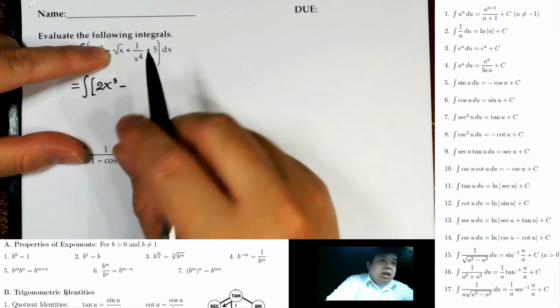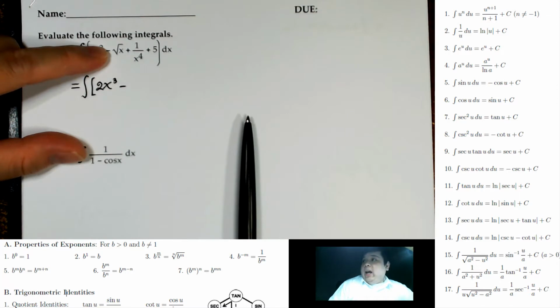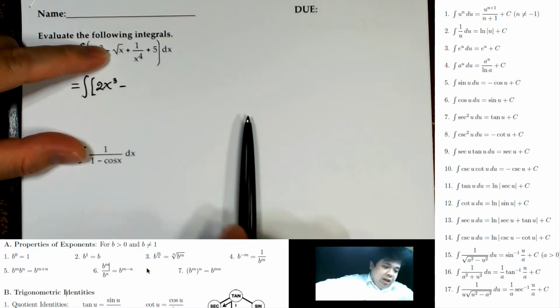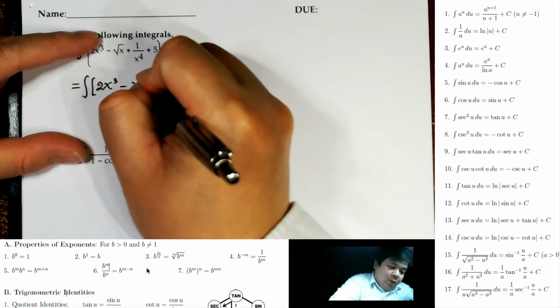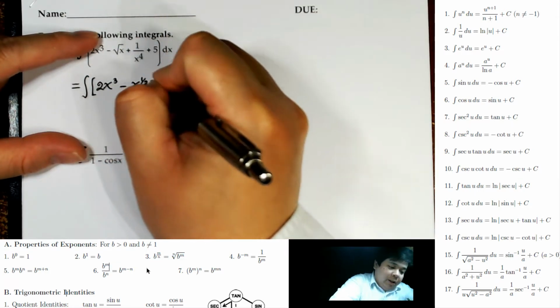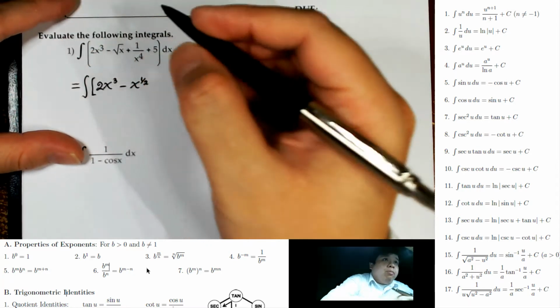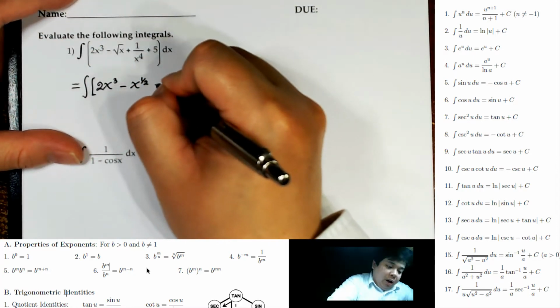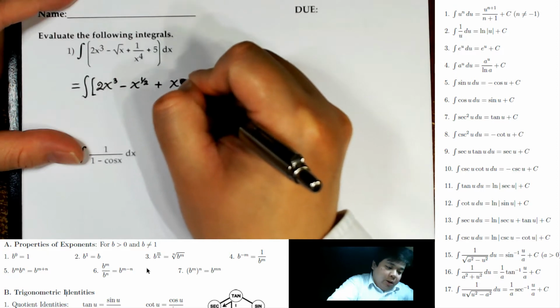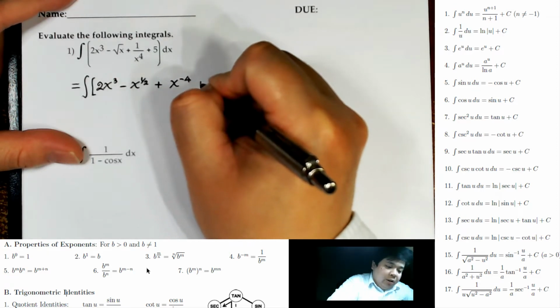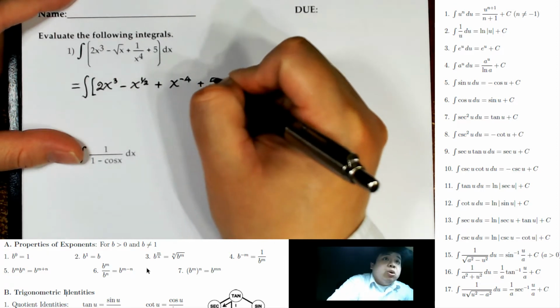Square root of x is x to the 1/2. Of course, we use that formula. So we will write that x to the 1/2. x to the 4th, move it up, becomes x to the -4. 5 is a constant, still there.